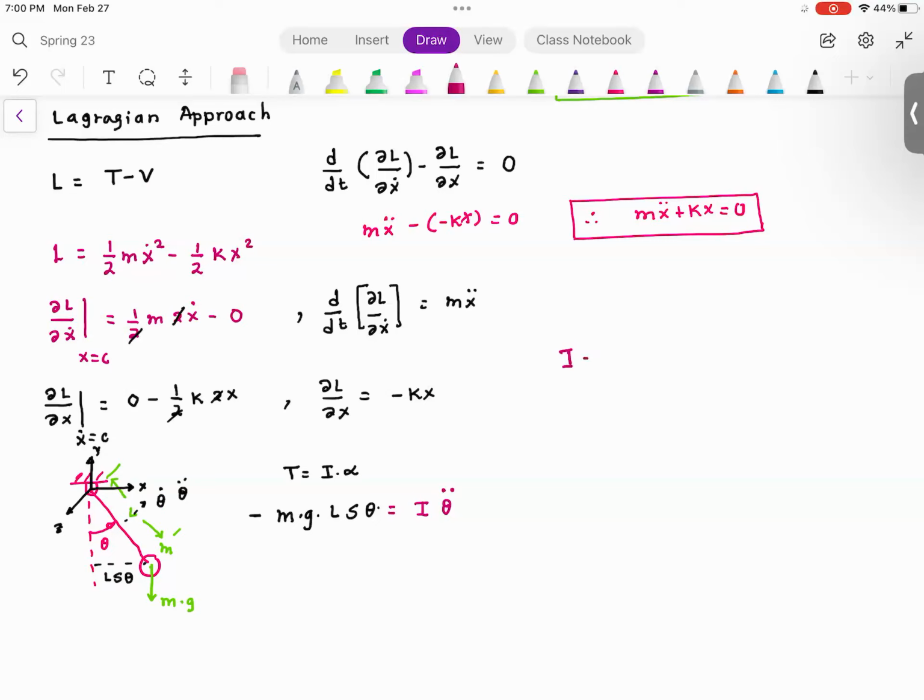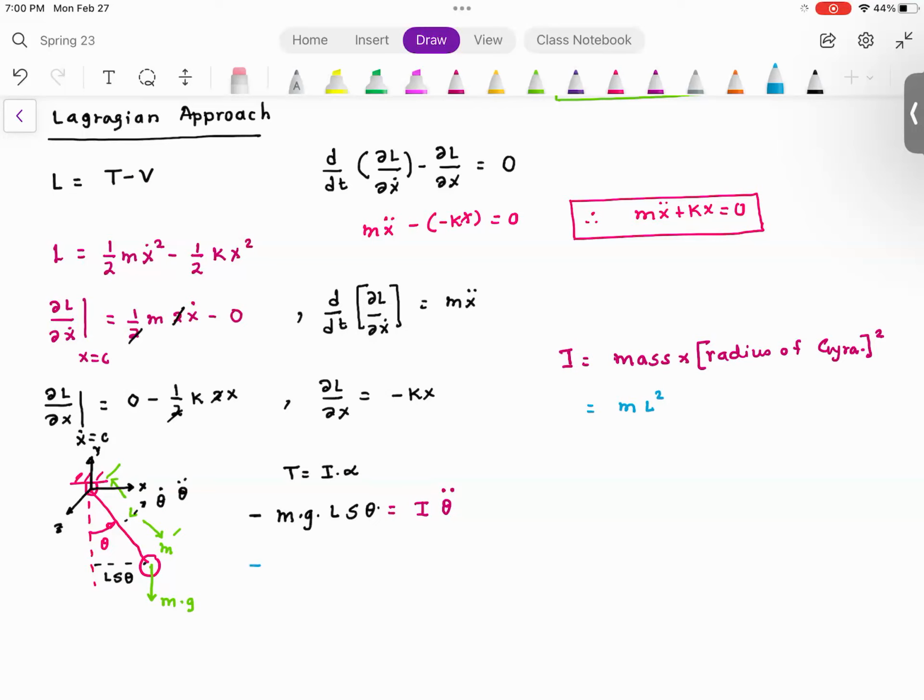So I is given as mass times radius of gyration squared, so m L squared. Are you with me?